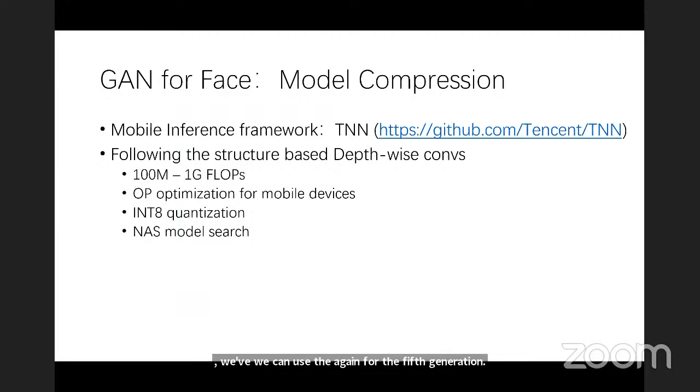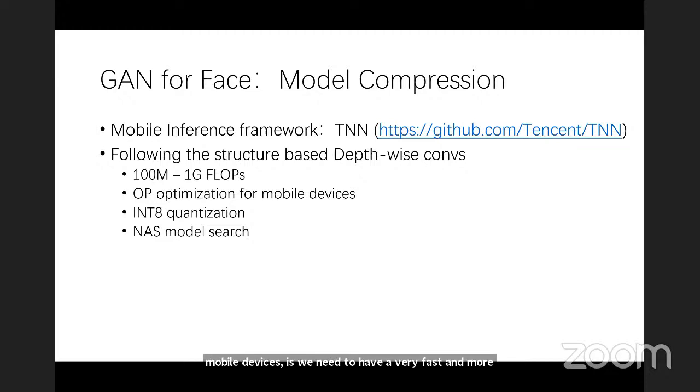Here, I will move to the next part, model compression. As I just mentioned, in the industry, we need to run this kind of GAN algorithm on mobile devices. So model compression is a very important part. The first thing we need to run a model on mobile devices is a very fast mobile inference framework.